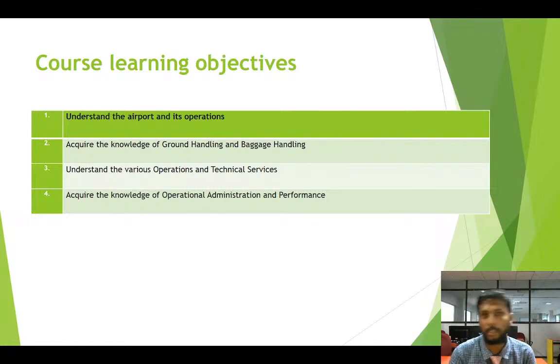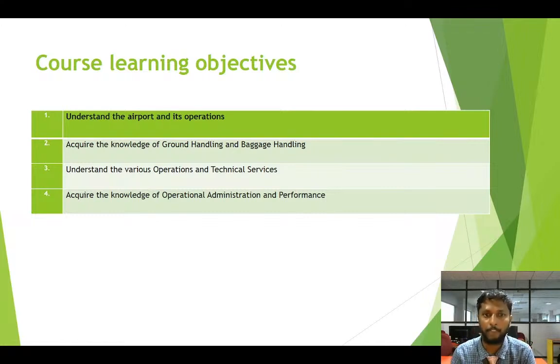One thing, you will understand the airport and its operation: how the airport works, how the baggage handling will work, how the security will be there, how the parking system and the apron will work, how the hangar will work, and how the technicians or the AME, aircraft maintenance engineers, will work. All these things you will know about its operations. You will gain knowledge of ground handling and the baggage handling system.